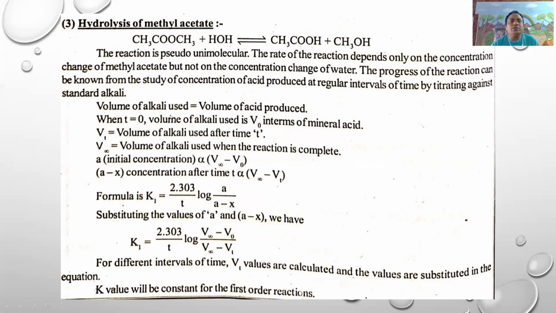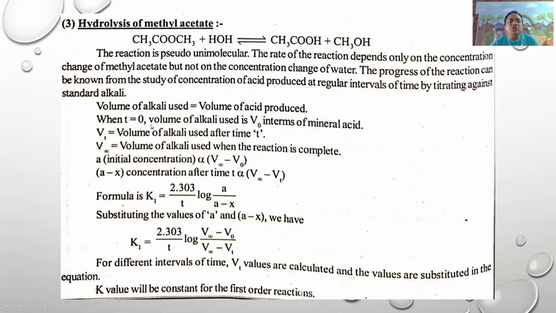Here in this reaction, the volume of alkali used is equal to the volume of acid produced, because acetic acid is a monobasic acid. Similarly, sodium hydroxide is a monoacidic base. Therefore, they participate in 1:1 ratio. Therefore, the volume of alkali used is equal to the volume of acid produced.